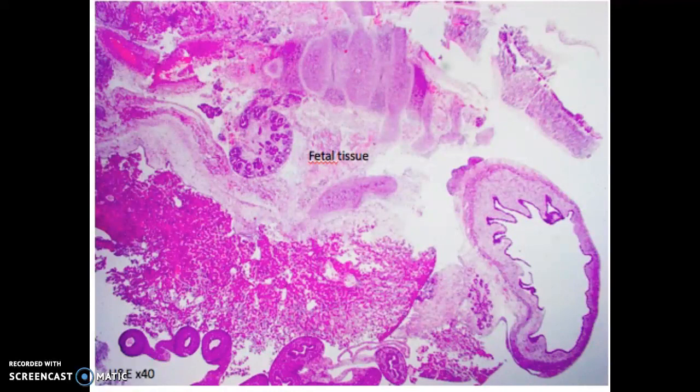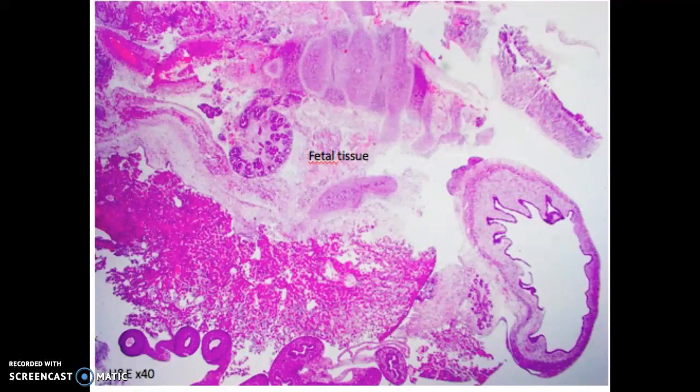But because the clinicians have indicated that this is a ruptured ectopic pregnancy, and you see the fetal tissue here, and the dilated fallopian tube as well, the diagnosis is consistent with ruptured ectopic pregnancy.